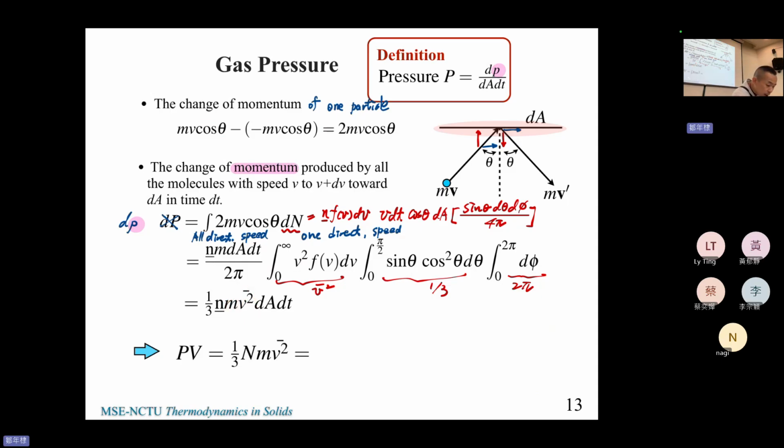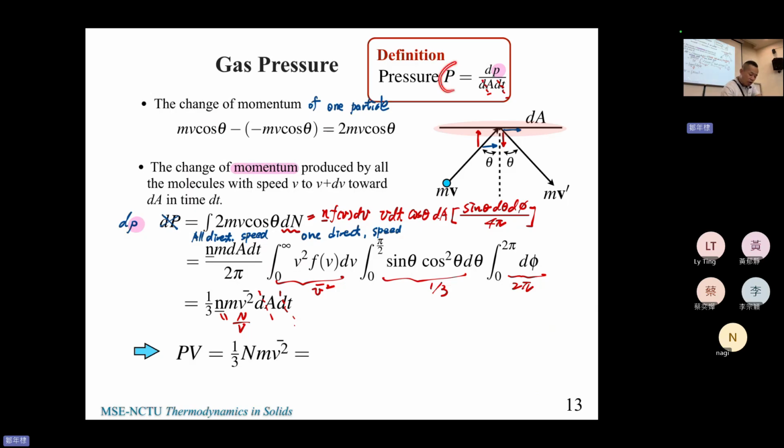And I believe you know what n under bar is, n over V. Then the P, substitute here, dA dt, luckily cancels.